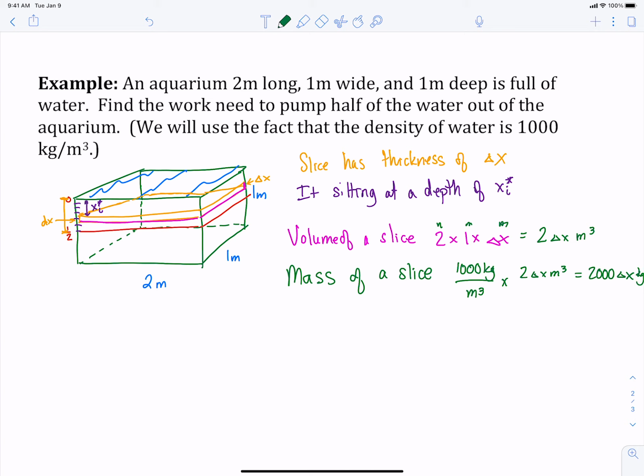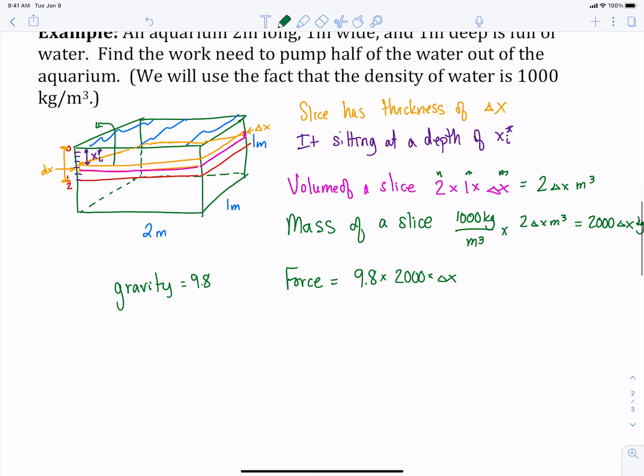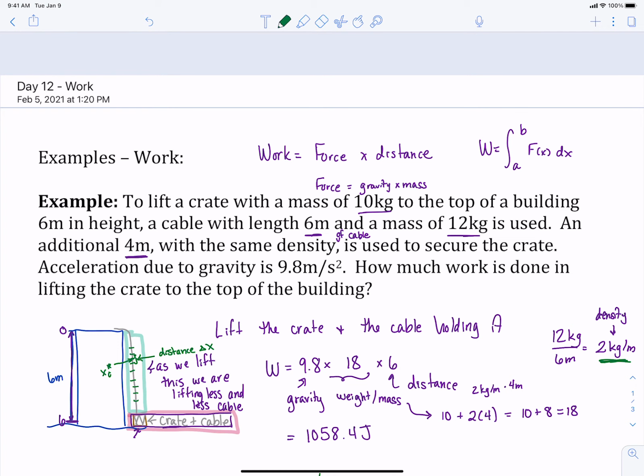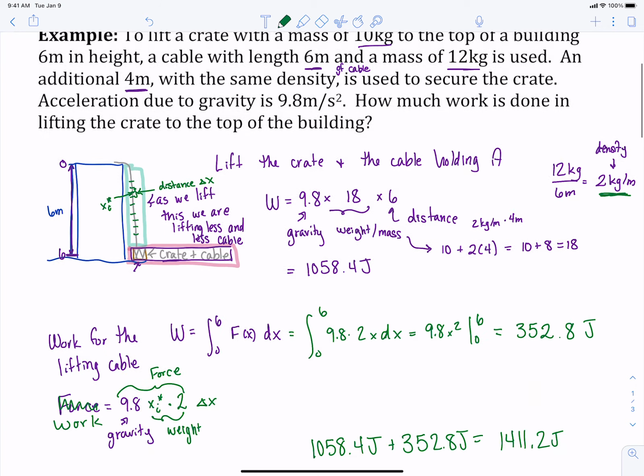And now, again, we still have gravity because we're trying to pump this out and over the side, and that's still 9.8 meters per second squared. And so our force that we're using here is that we've got to overcome that gravity, and then we have to pull up this mass that we have. And then our lifting distance is, so again, if we go back up here, that work is force times distance.